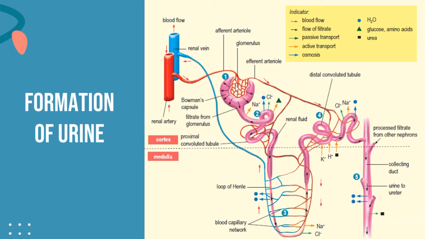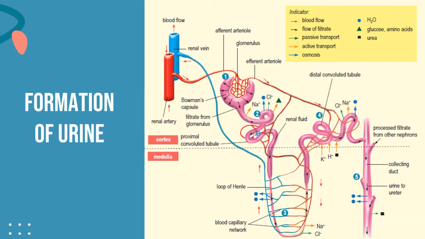Then the blood flows out through the efferent arteriole and enters the blood capillaries, which connect to the renal vein. This is the Bowman capsule, which is connected to the proximal convoluted tubule here.